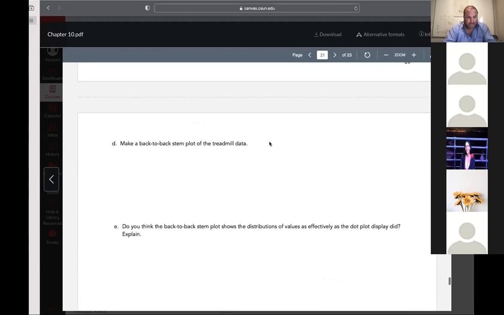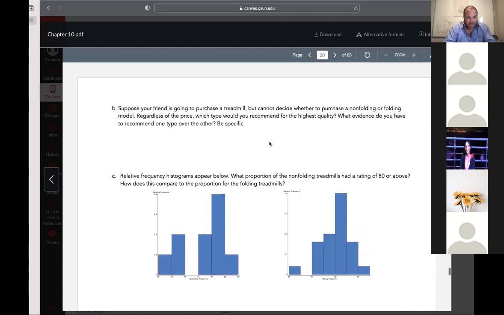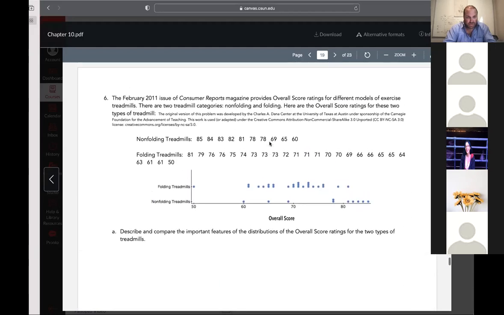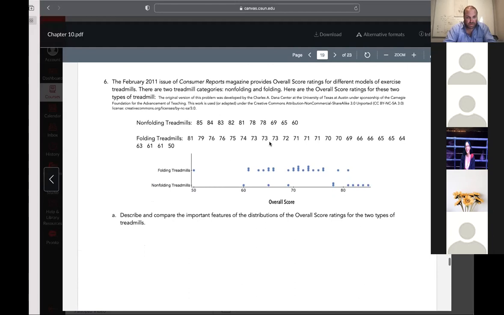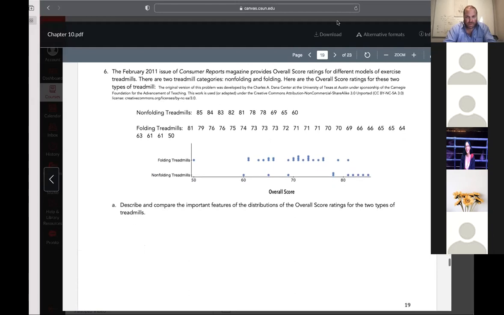Make a back-to-back stem plot of the treadmill data. So where's the treadmill data? Okay, so here's the treadmill data. Without necessarily going through the entire thing, we can at least start it. First, do you think I'm going to want to lump them together into a single row for each number, or am I going to want to separate them?